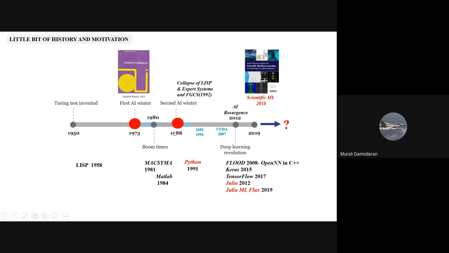There was a boom which went on until it hit the second winter, because during this period there was a lot of investment in expert systems and the fifth generation supercomputers, and that all died in 1992. With that, people didn't bother so much.